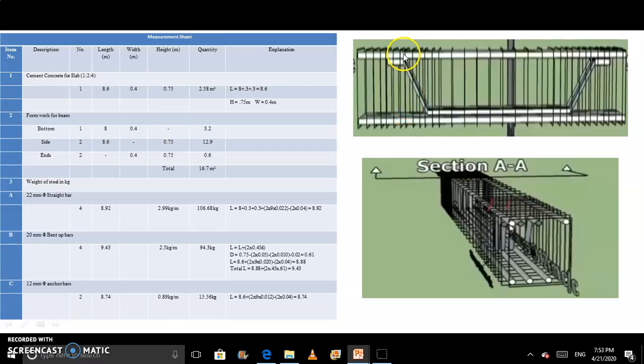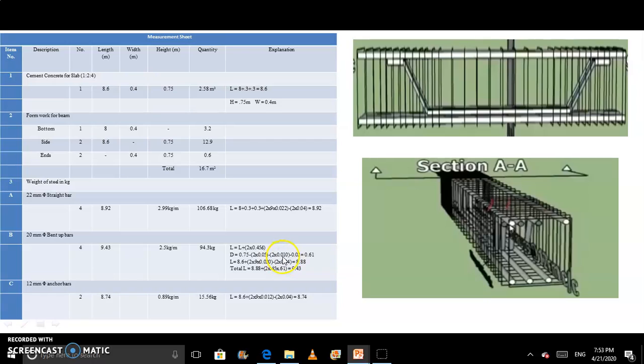So for that first we have to subtract from the total thickness. We have total thickness, or total height, of 0.75 meter minus 2 into 0.05. We have to provide cover here. So that's why, for the proper height, we have to subtract cover. Now we have to subtract the stirrup dia. So we have 10 mm stirrup dia.